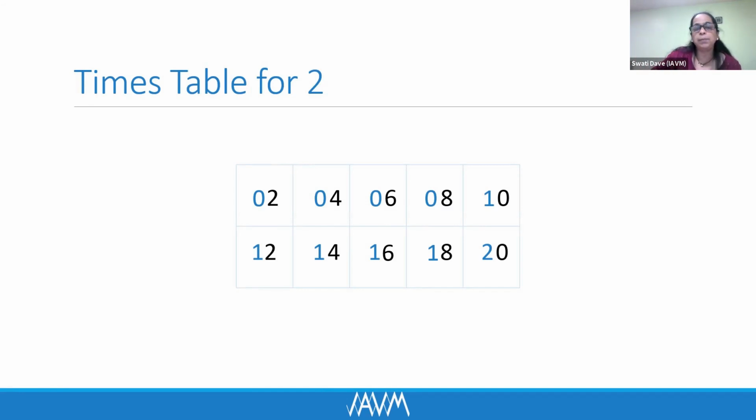Show as many patterns as you can to help them remember the times table, to let them not just do rote memorization. Can they remember 2, 4, 6, 8, 0? Or can they remember skip counting by 2? Can they remember all the even numbers till 20?